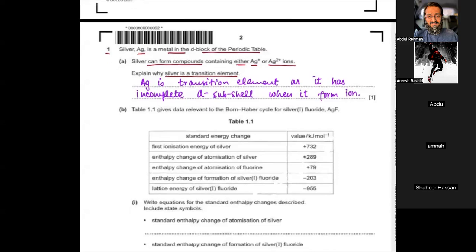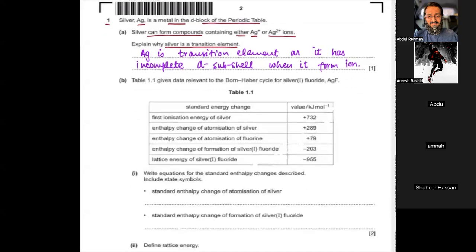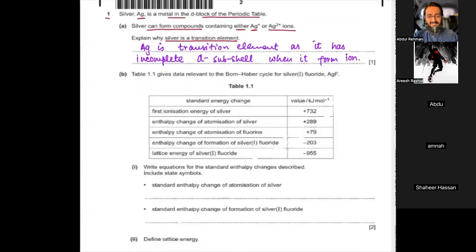Now, part B. Table 1.1 gives data relevant to the Born-Haber cycle for silver(I) fluoride. So see, it's silver 1, which means Ag+ ion and fluoride F- ion. The first ionization energy is given for silver.